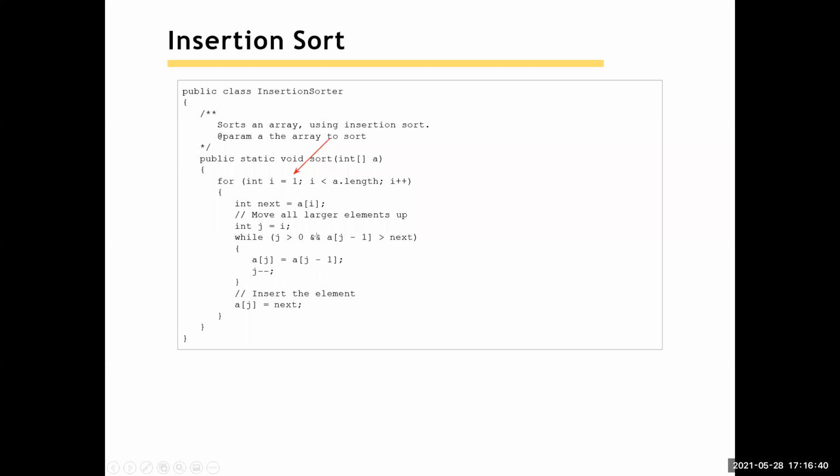And then I'm going to be comparing it to the previous one. But I want to be sure that I don't fall off the left side of my array. So I'm going to check to be sure it's greater than 0. And I'm going to be checking for the left one. And if that's the case, we're going to be moving it.